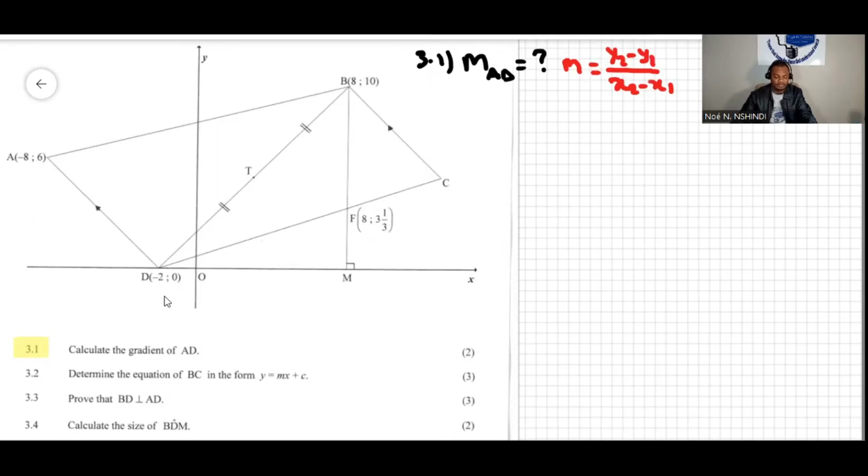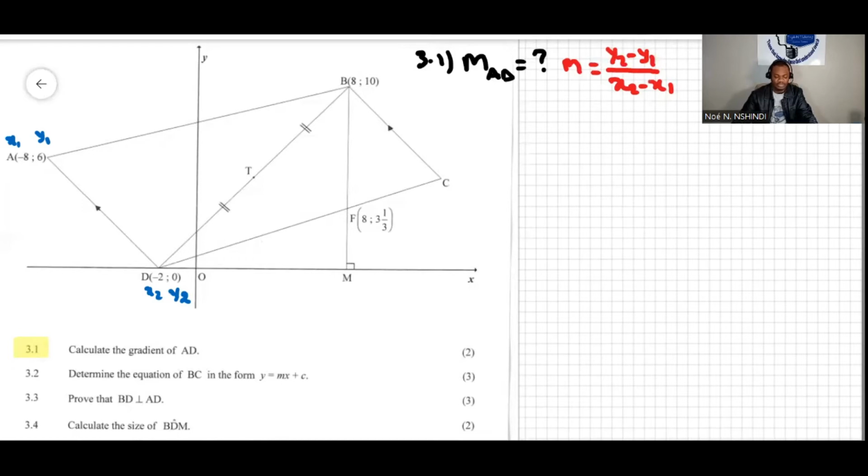I can call this x1, the x coordinate is -8 and the y coordinate y1, and then this must be x2 and y2. What I cannot do is call this x2 and that one x1. It cannot work like that. So if this is x2, that must be y2. This is x1, that must be y1.